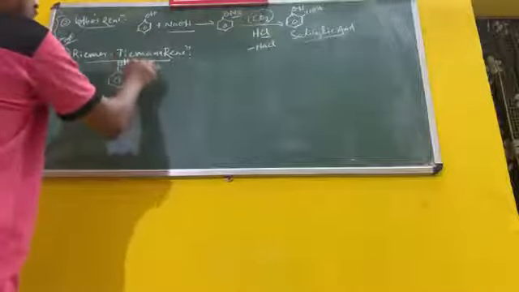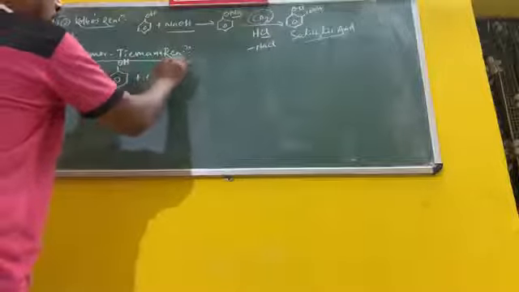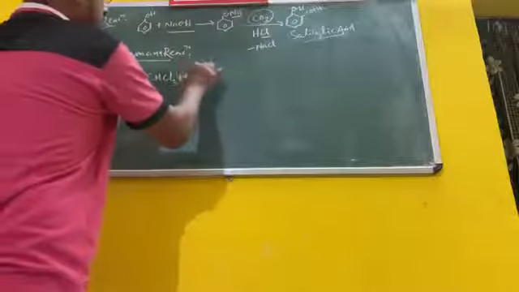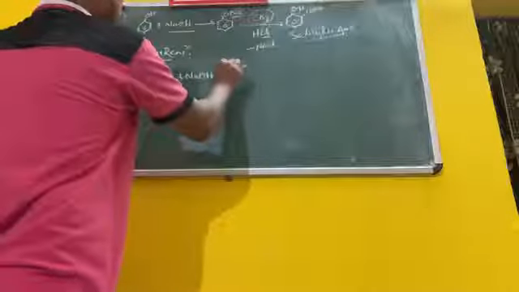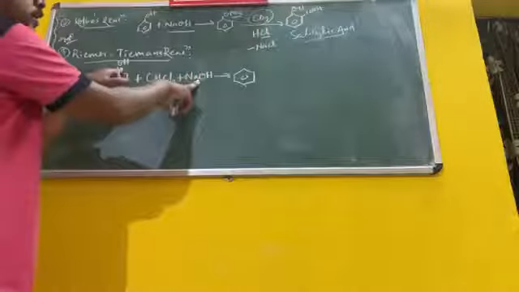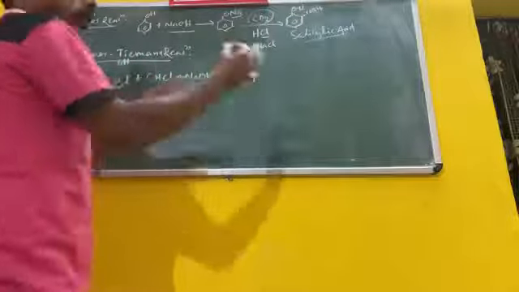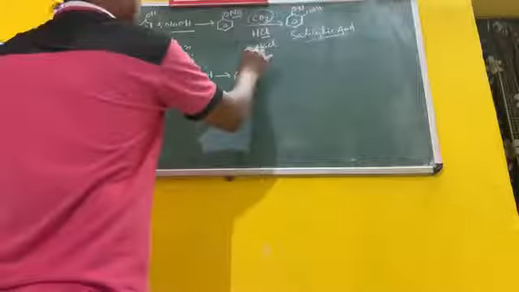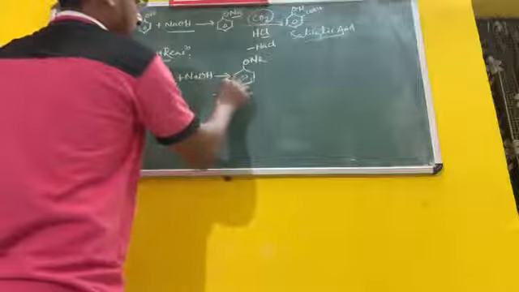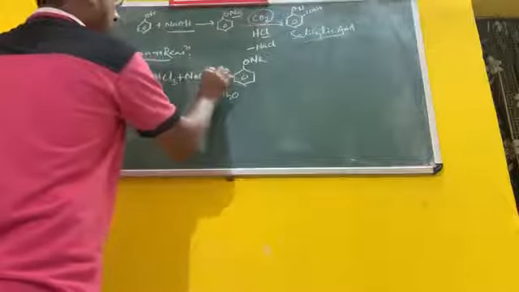Phenol plus chloroform. What is the formula of chloroform? CHCl3 in the presence of sodium hydroxide, the same sodium hydroxide, replacing H to form ONa. You can write minus H2O.